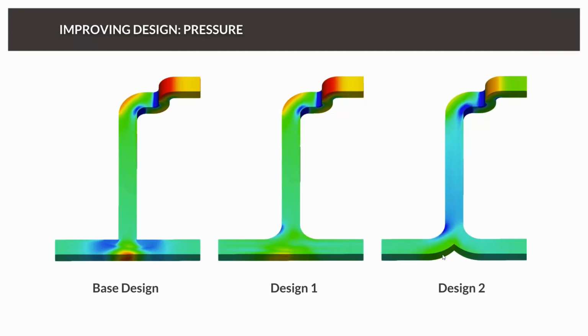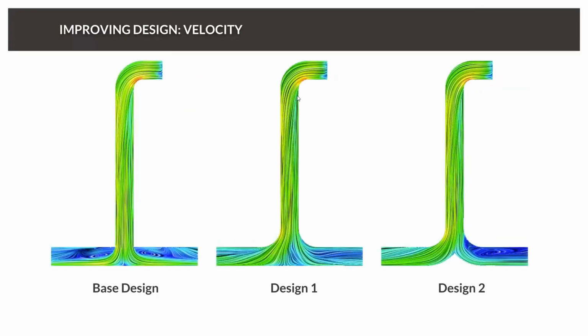By adding this second radius, the stagnation at the back wall is removed, which also affects the flow upstream, so we don't have this high pressure area anymore.